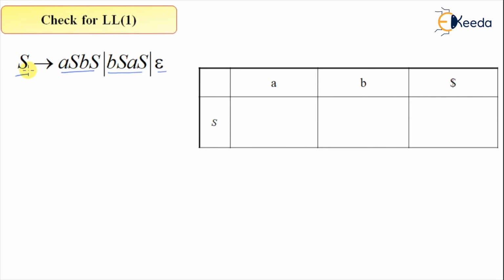The first production is S derives aSbS, and the first symbol here is a. So first of this entire alpha will be a only, and I'll put the entry over here as S derives aSbS. The second production is S derives bSaS, and if I consider this entire thing as alpha, the first of alpha will be b.